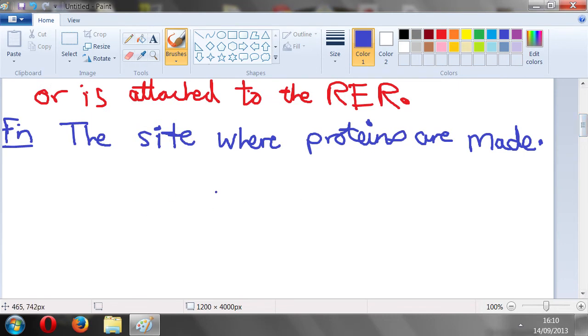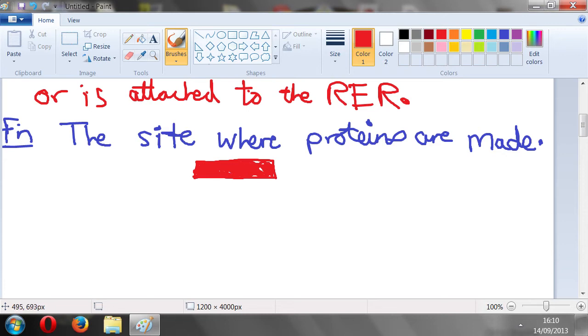Okay, let's do another. And these are mainly, well, so far anyway, they've all been organelles that have been in the pictures drawn in 1 and 2, and also in some of those images that I found in Biology 4.